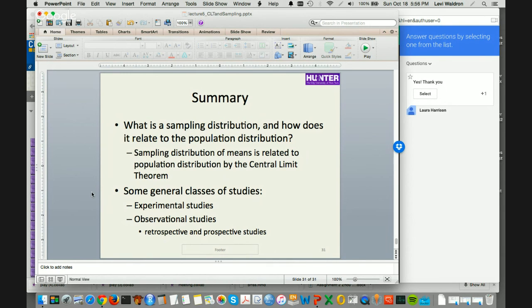So the relationship between those two distributions is given by the central limit theorem. These classes of studies, experimental and observational, and retrospective, prospective, and cross-sectional studies, the concepts of the central limit theorem span across all of these classes of studies.